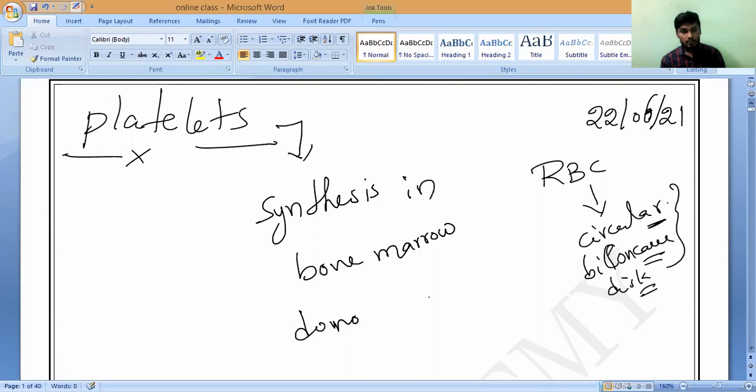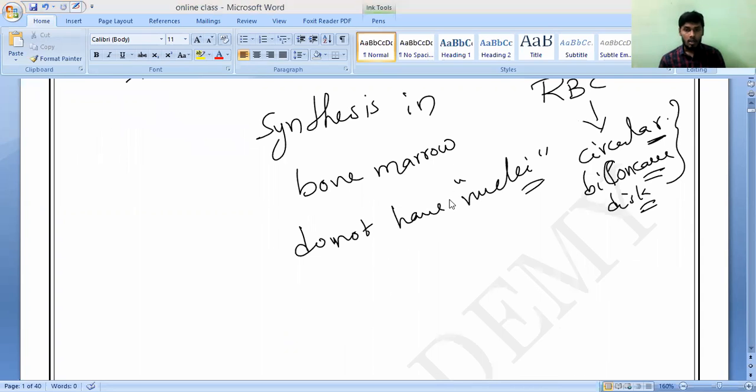Nuclei. RBC also does not have nuclei, and platelets also do not have nuclei. But what is the location? Both have been produced and formed in the bone marrow. That is what you have to remember.